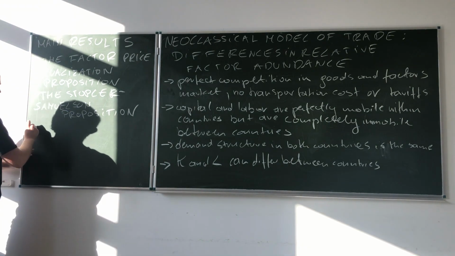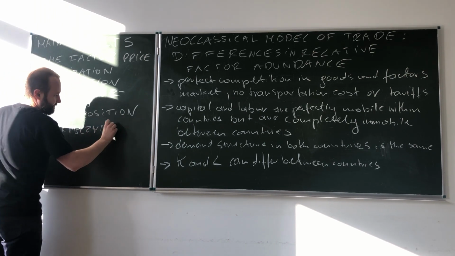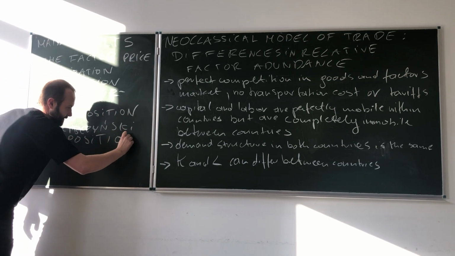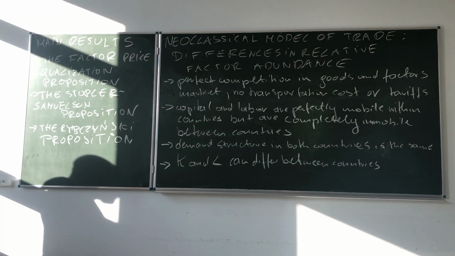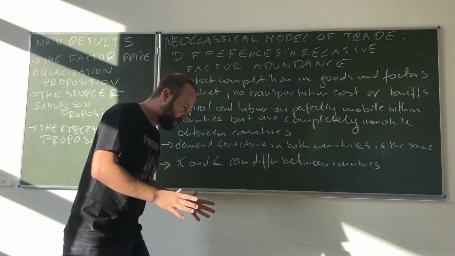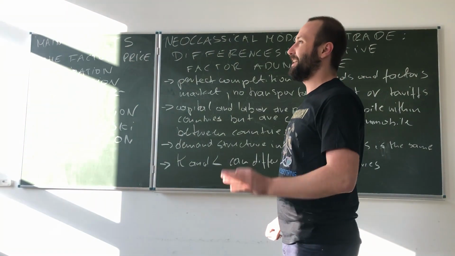Okay, then we've got the Rybczynski proposition. The Rybczynski proposition basically says that if the supply of one of the factors of production is increasing, then this will cause an increase in the level of production of a good that uses this factor intensively.